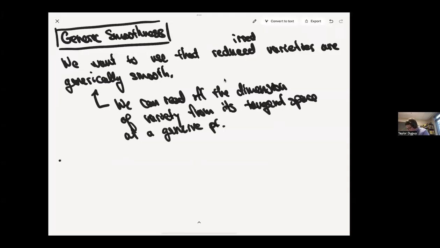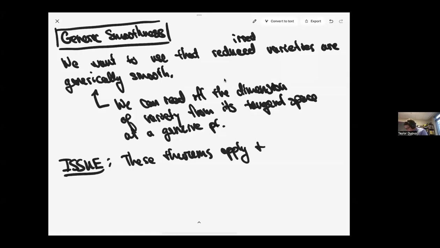But one of the issues that we have to face is that our theorems apply to finite type rings. Our rings are not like that.